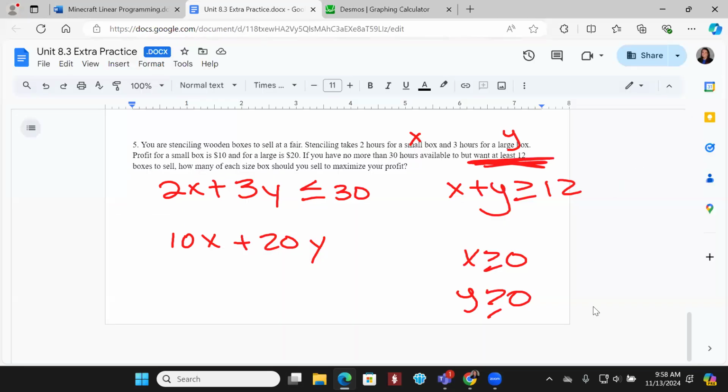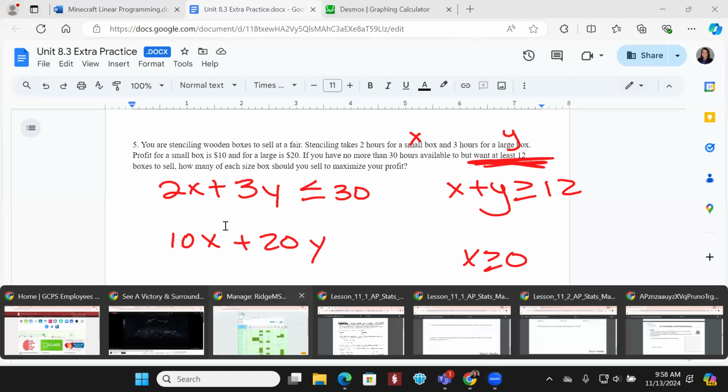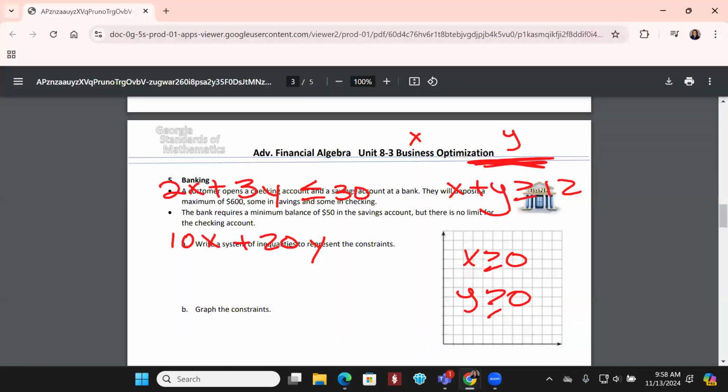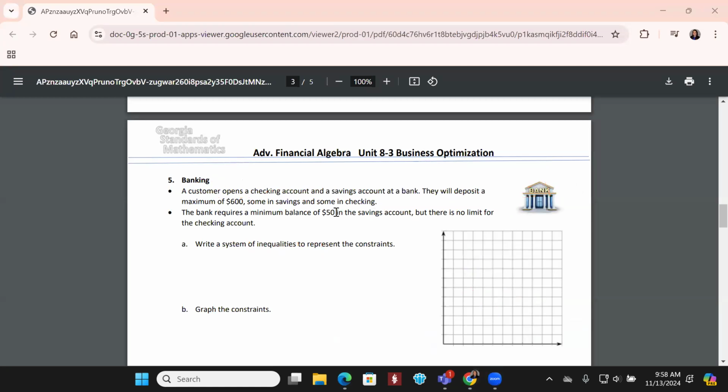So you're getting the hang of it. Okay. Go ahead and go to your practice from yesterday. Go ahead and start working on this one. Same stuff. It's the exact same stuff.